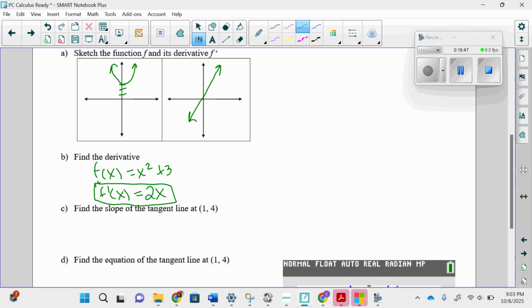So if I want to find the instantaneous rate of change, or the slope at a specific x value, all I do is substitute that x value in. So f prime of 1, because we're looking for the slope of the tangent line at that specific point, is 2 times 1, which is 2.